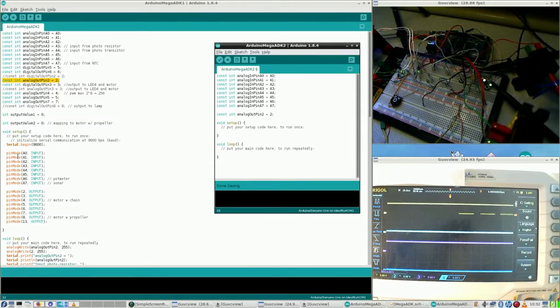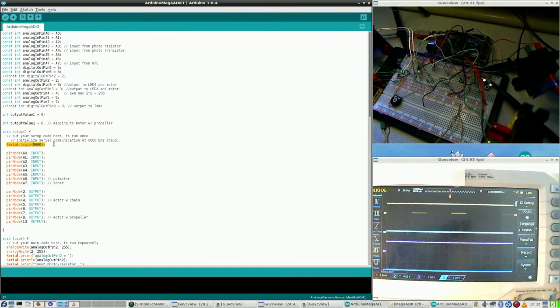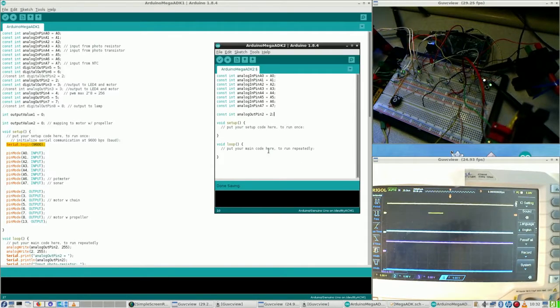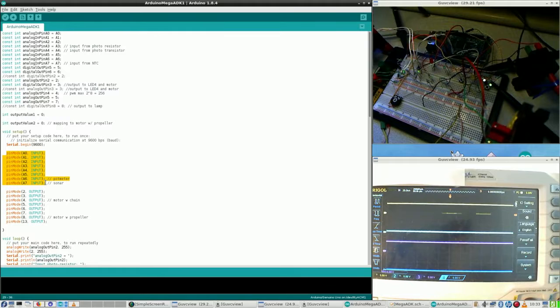So that is one thing. Now I need a setup. Do I need a serial communication? Better safe than sorry. Then I have to, because now I have the inputs, so I need to put A0s as input, all of them.